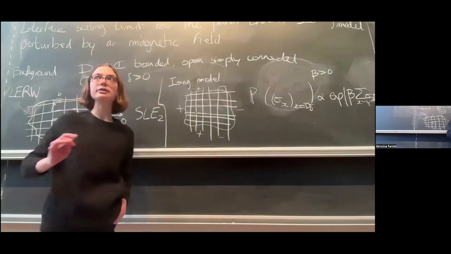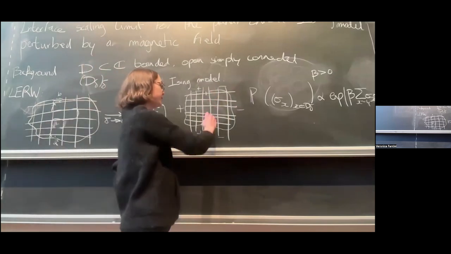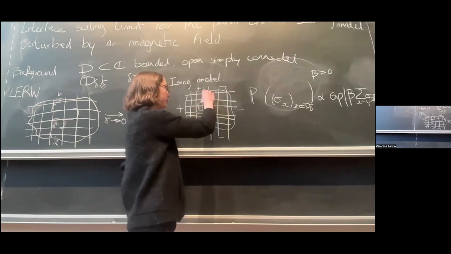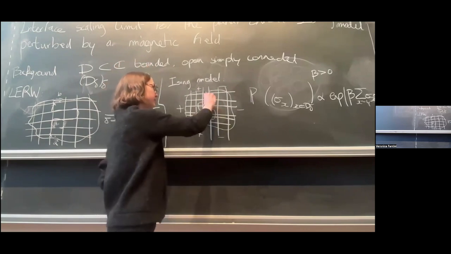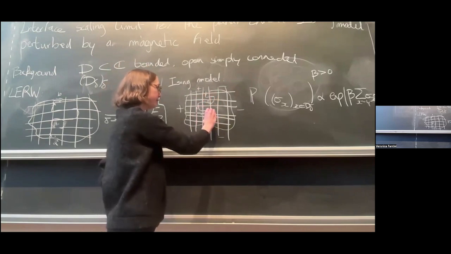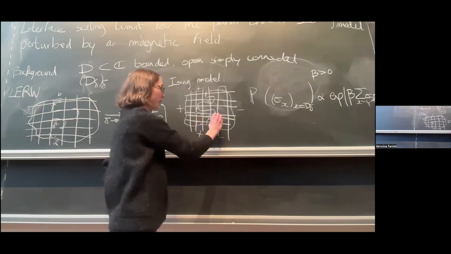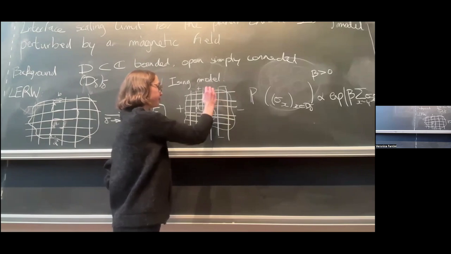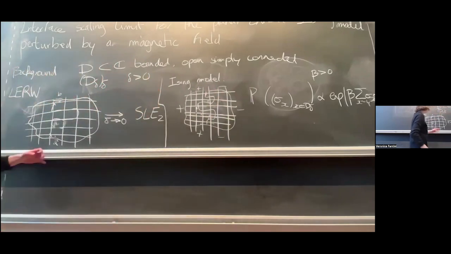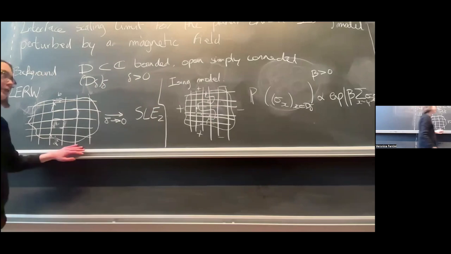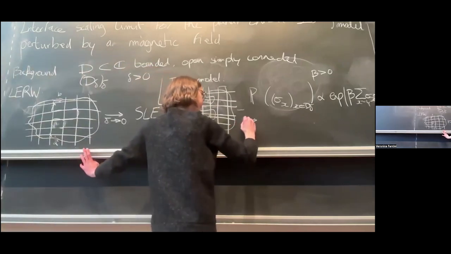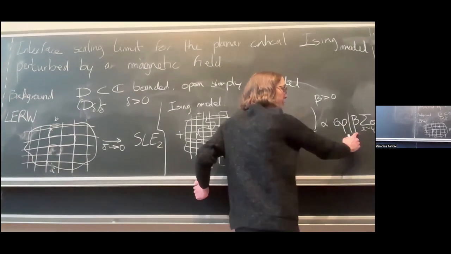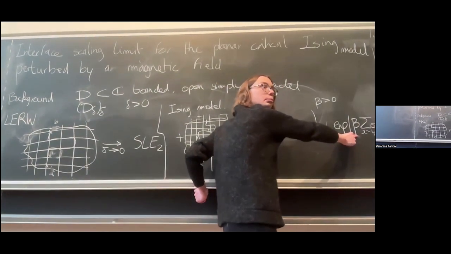On the lattice, deterministically, you create an interface that separates plus and minus spins, so that on the left of the interface you always have plus spins, and to the right you always have minus spins. Then you can ask exactly the same question as here: what happens when delta goes to 0? Here, the role of the parameter beta enters into play.